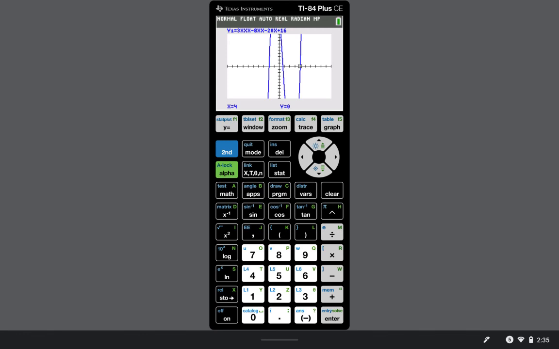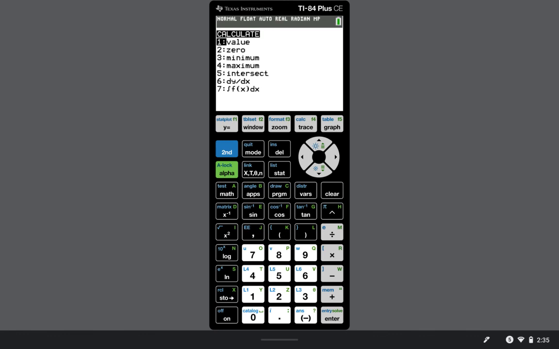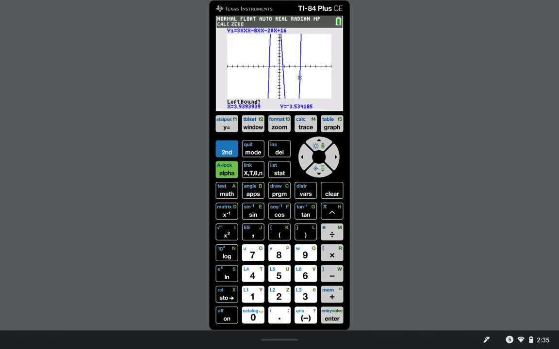So I got to find it going second and above the trace key where it says calc, choice number 2. And I'm going to isolate that answer between 0 and 1, 0 on the left, 1 on the right, and hit enter again, and it jumps to 2/3.